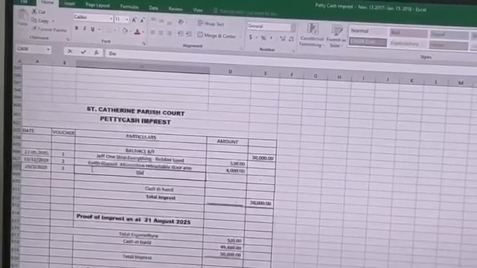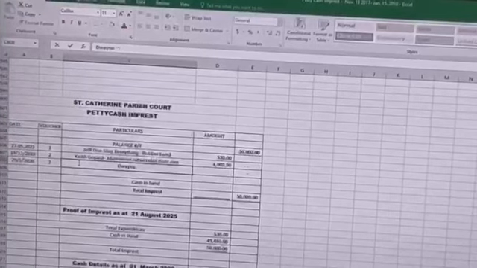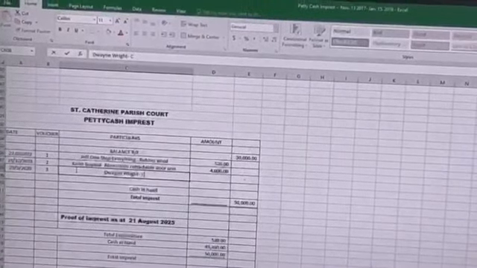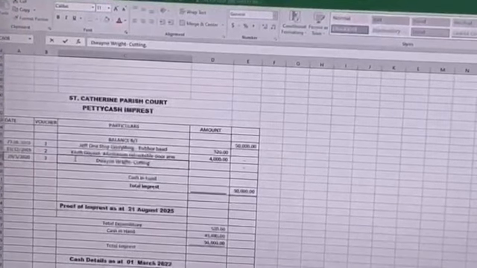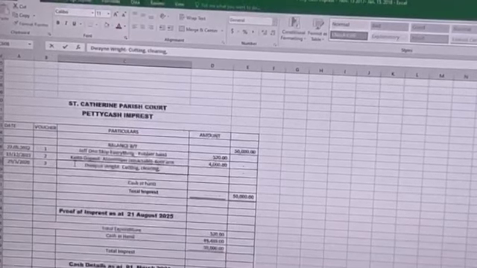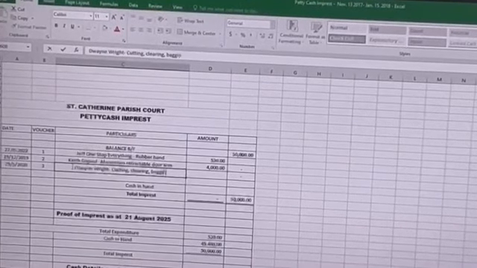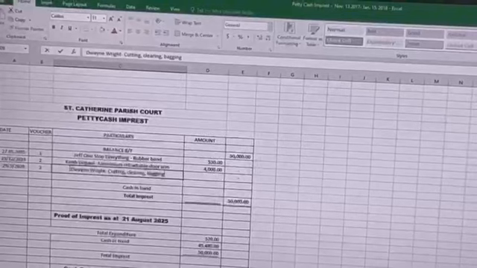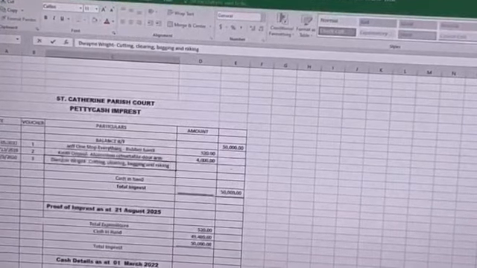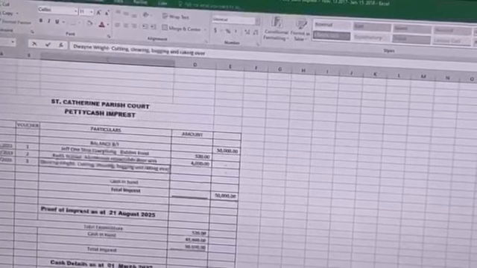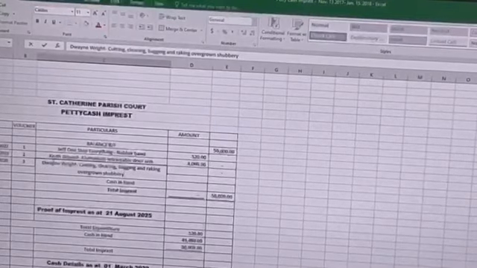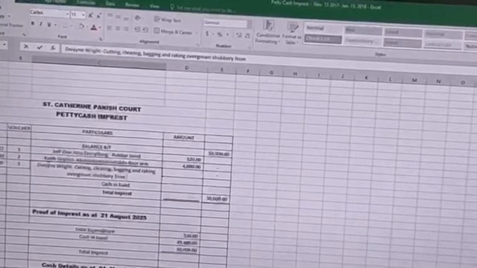So name rights. This is where for cutting, marking and breaking overgrown shrubbery from compound.